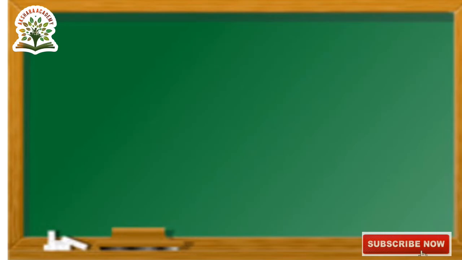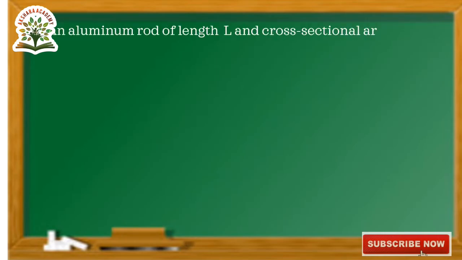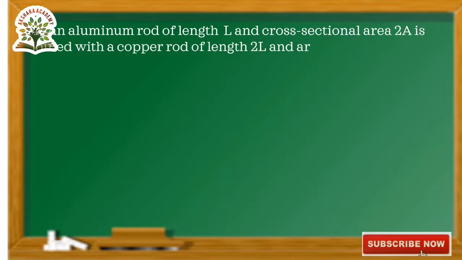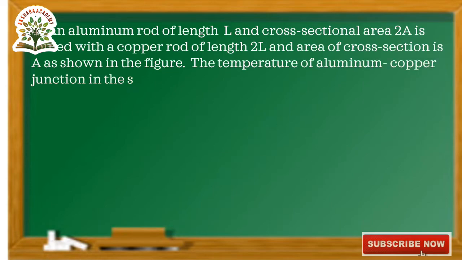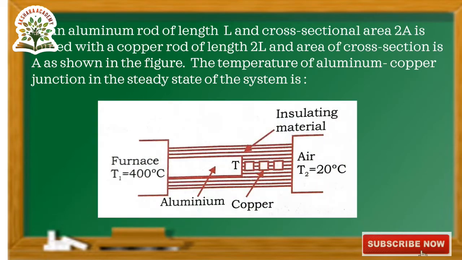Question number 4. An aluminum rod of length L and cross-sectional area 2A is joined with a copper rod of length 2L and area of cross-section A, as shown in the figure. The temperature of the aluminum copper junction in the steady state of the system is, see, this is the figure given below.